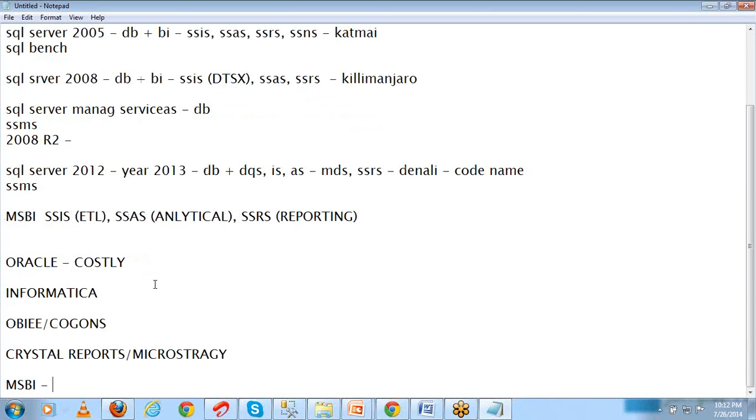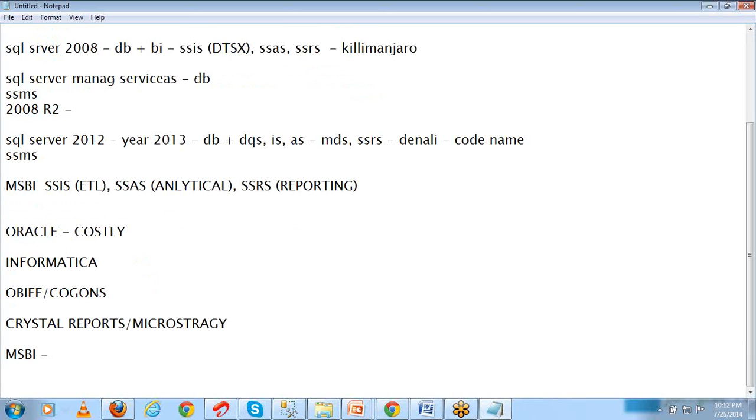Okay, MSBI, why is it required in the market? What is it dealing with? If you are working on data, then MSBI is required. MSBI purely deals with data. First 15 minutes, next 15 to 20 minutes I'll speak about MSBI.